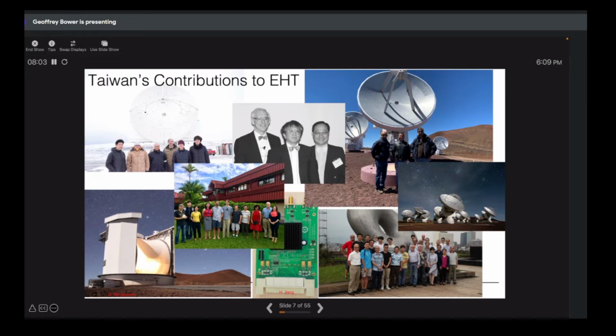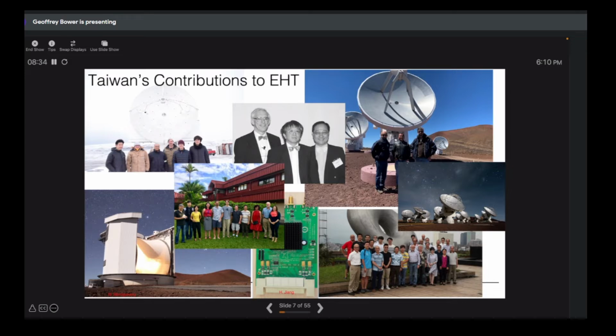And so I also want to emphasize some of the technical contributions, in particular Ho-Min's work on digital analog to digital converter cards, which provided a technology that is installed at all of the EHT facilities around the world and is central to our ability to carry out this work.